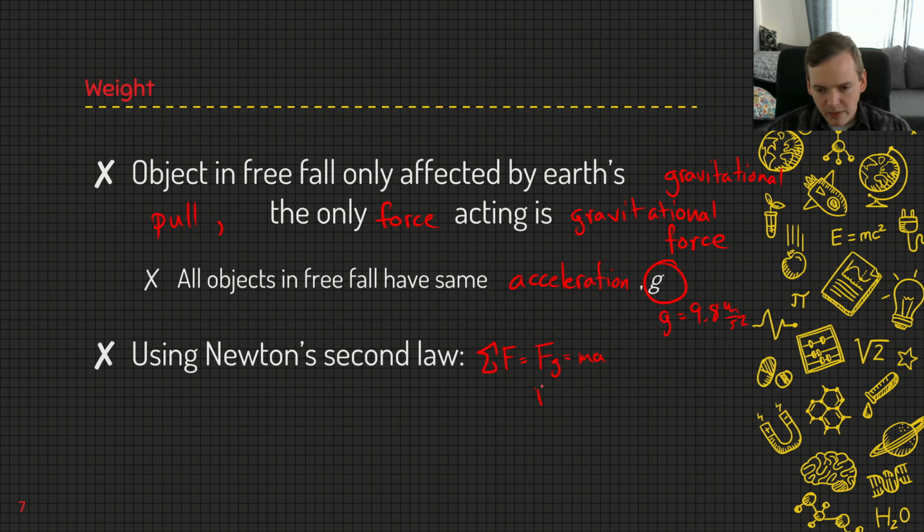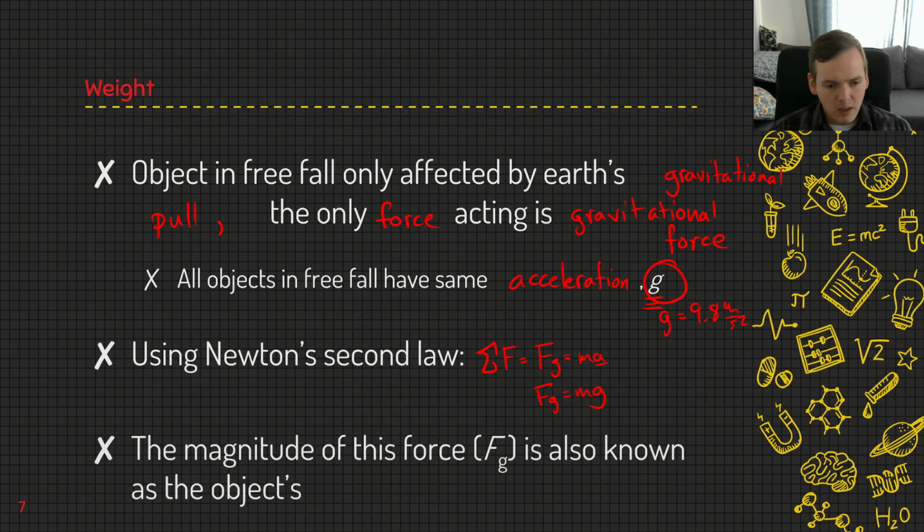That means Fg is also equal to mg, because the acceleration is g, and when objects are in free fall, they all accelerate at the same rate. And so this magnitude Fg, or mg, is known as the object's weight.